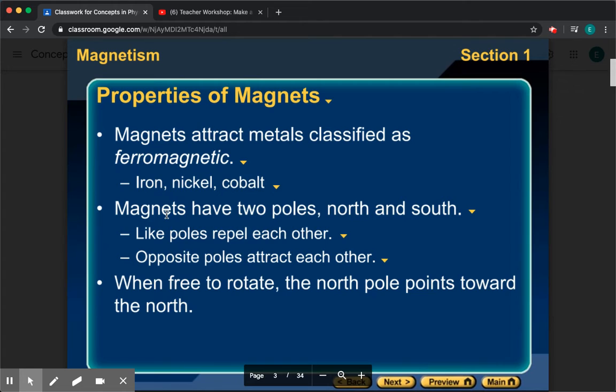So, anything that can be magnetized or is a magnet is considered to be a ferromagnetic material. Ferromagnetic materials are materials that can be magnetized. Okay, things can be magnetized, and they can also be demagnetized.